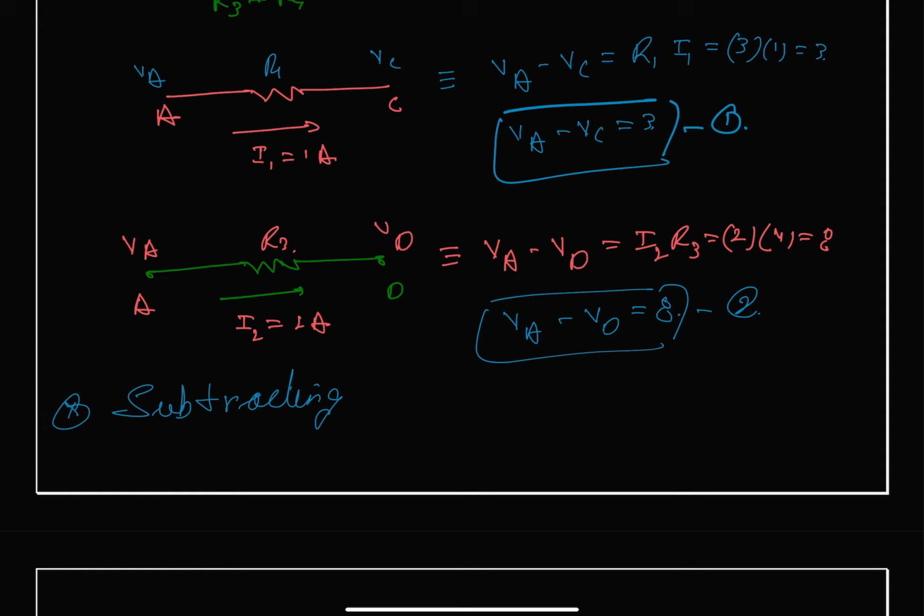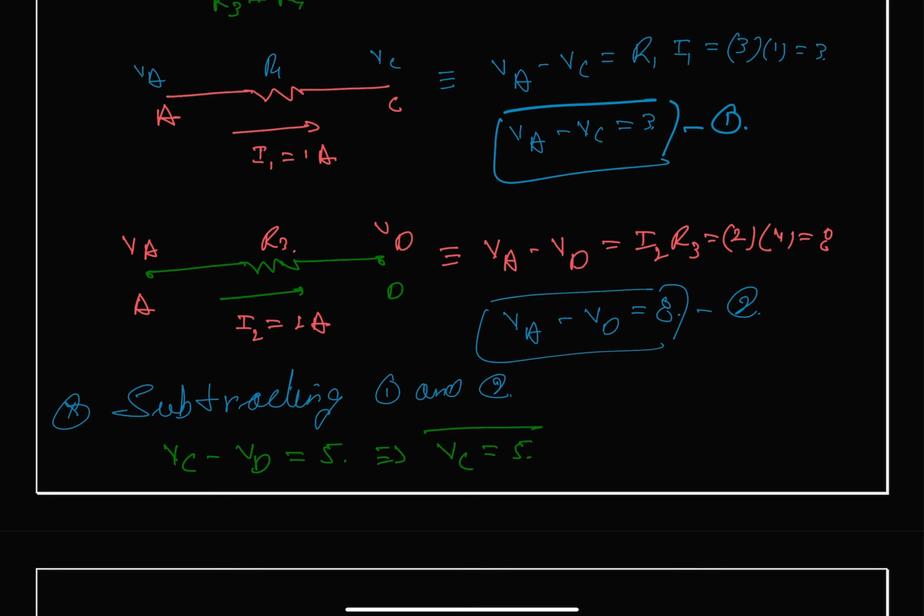Subtracting 1 and 2, VA cancels out and we get VC minus VD will be equal to 8 minus 3, which gives us 5. So the potential difference across the capacitor, that is VC, is equal to 5 volts.